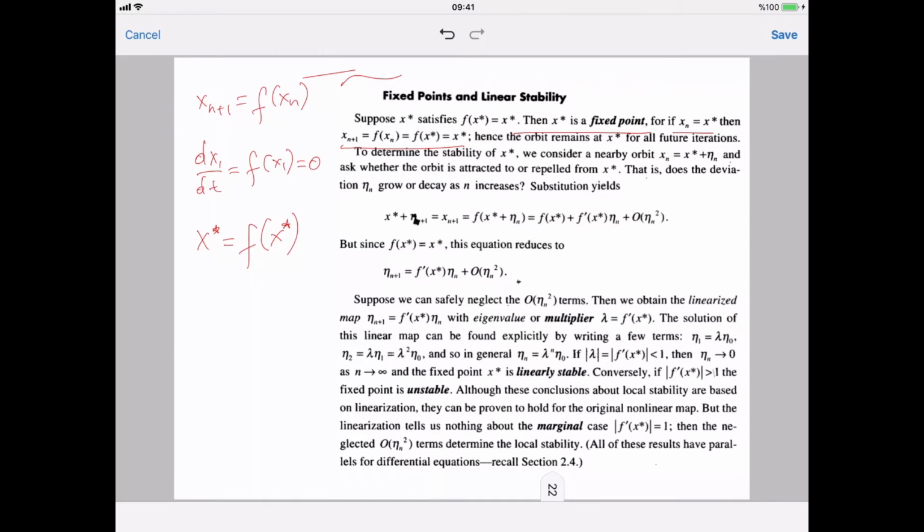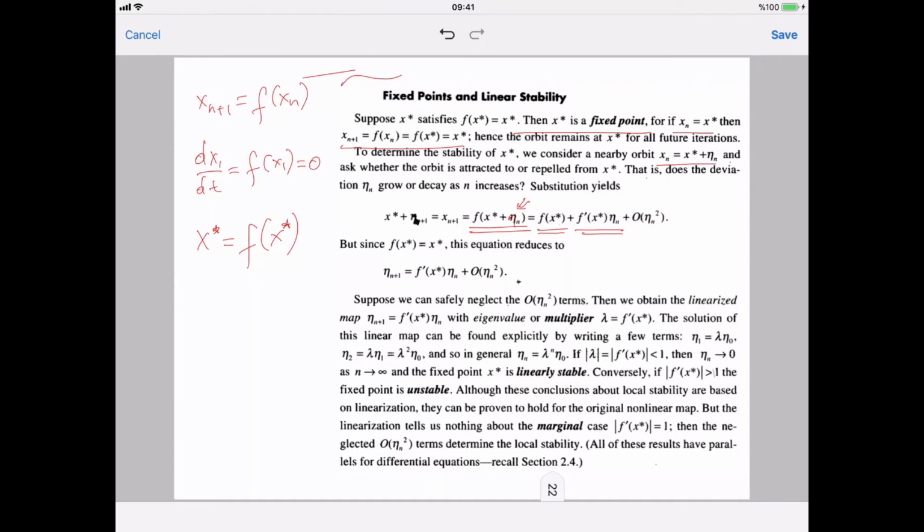Now, as we did with linear stability analysis, we will expand x n around x star. You can see that if you expand it, you have f of x star plus some small value eta n. And if you expand it, you have f of x star, and then the derivative of f at x star times eta n.